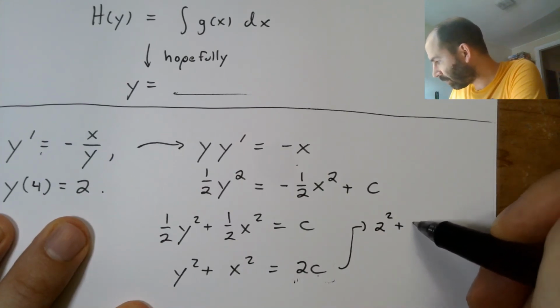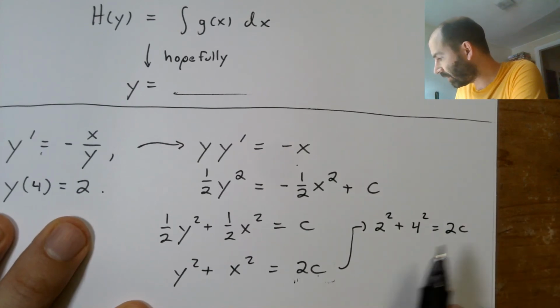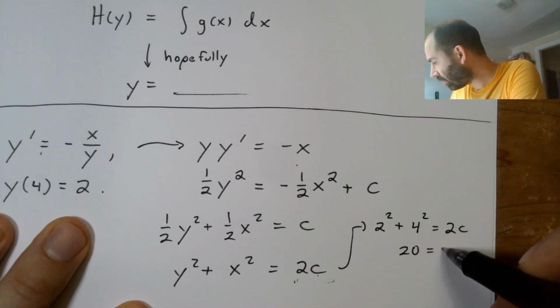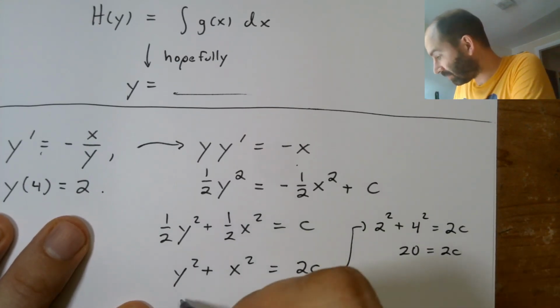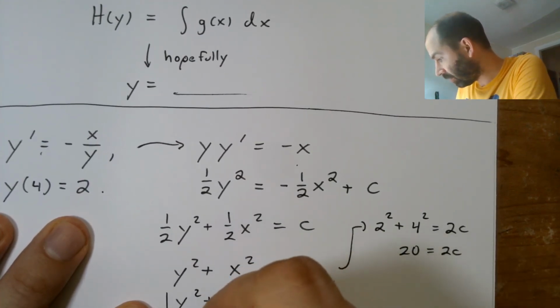In place of x, I'm going to put a 4, so 4 squared equals 2c. So what do I get here? I get 4 plus 16, that's 20, equals 2c. So 2c is equal to 20. And I think that does it for us. y squared plus x squared equals 20.